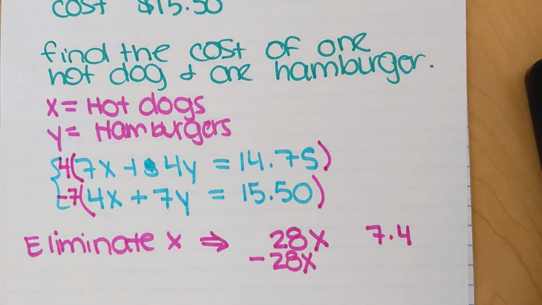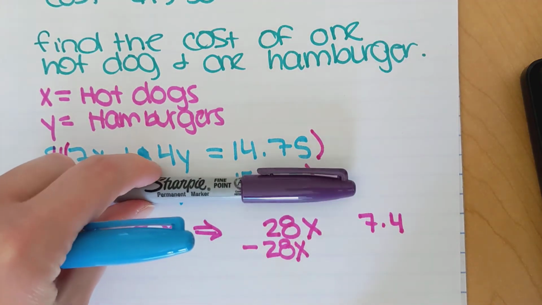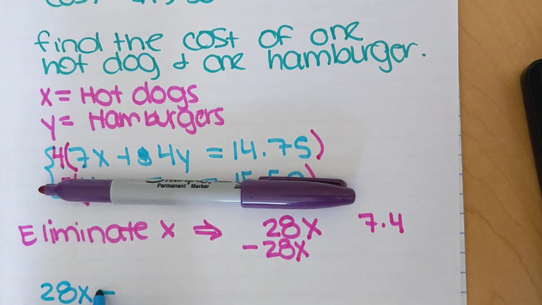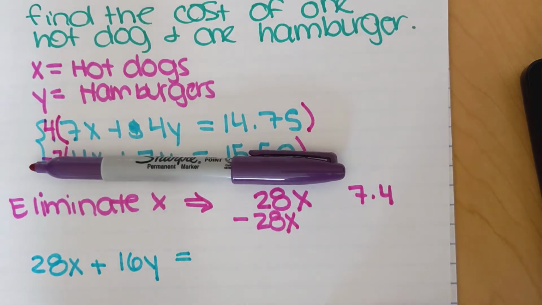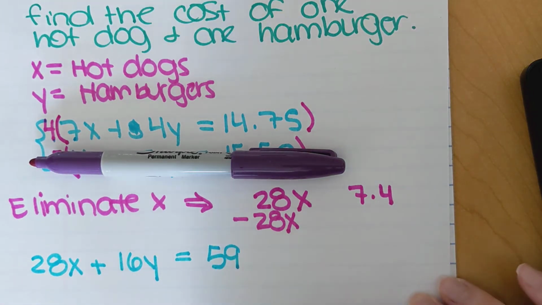So if I do that, then what's going to happen for my system is, forget about the second equation, just focus on the first equation. The 4 times 7 will give us 28X, plus the 4 times 4 gives us 16Y equals, and then the 14.75 times 4 gives us 59.